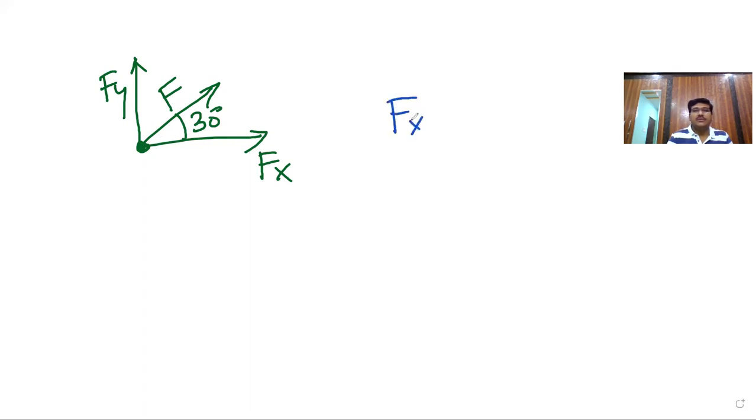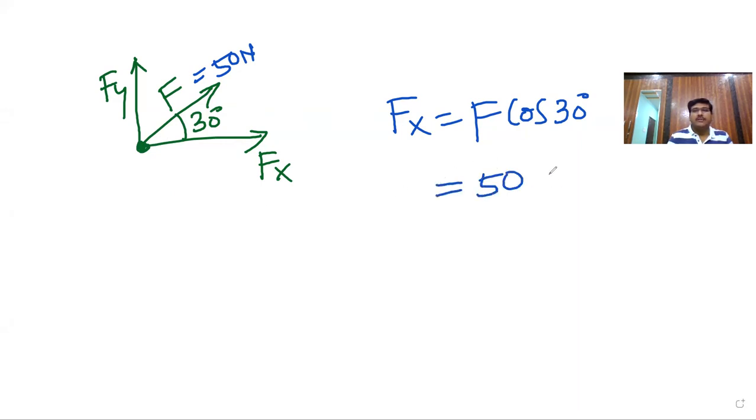So Fx is equal to F cos 30. And F is given as 50 newtons. The child is applying 50 newtons at a 30 degrees angle. So 50 into cos 30, root 3 by 2, becomes 25 root 3 newtons.